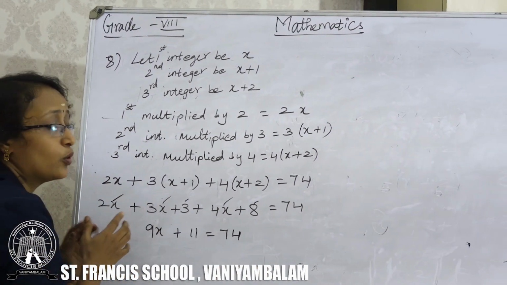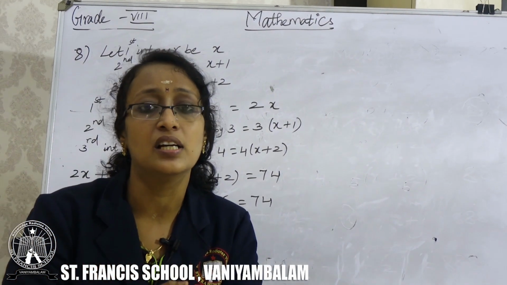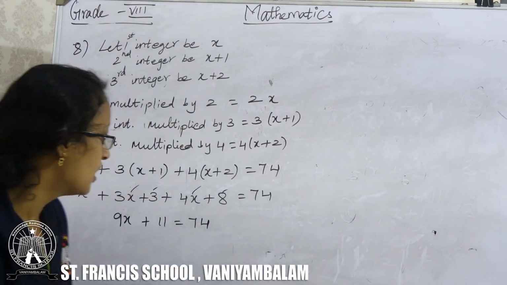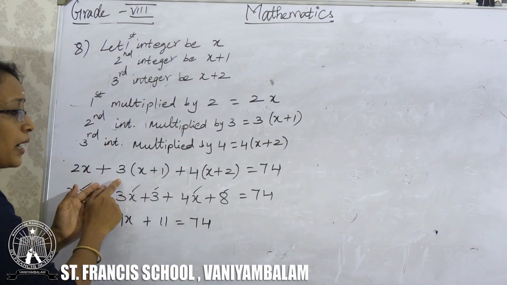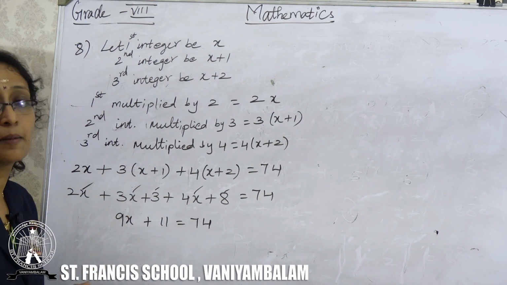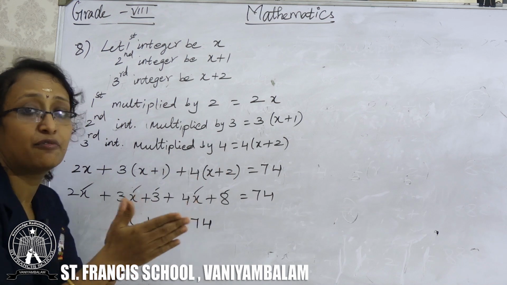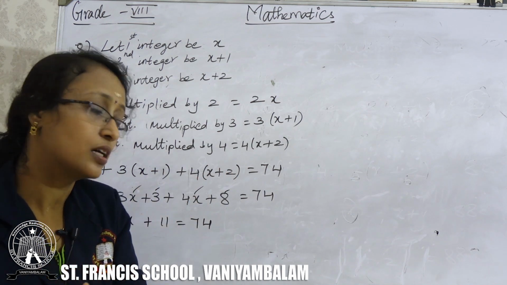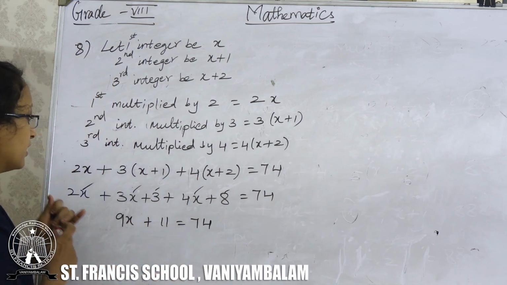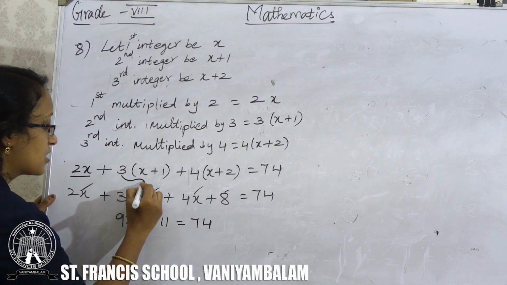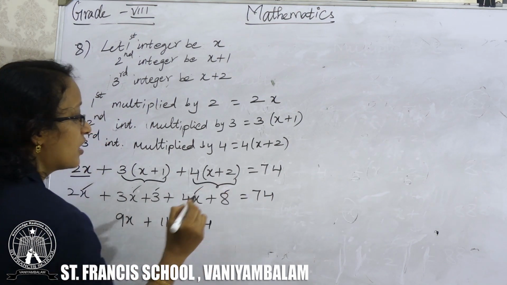Now multiply. The first aim is to remove the brackets. So remove the brackets first, by multiplying 3 inside the bracket. If you have a common factor in all the 3 terms, you can take it out. This is the first term, this is the second term and this is your third term.